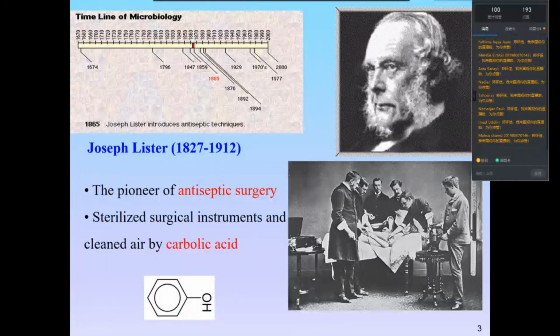After Lister, with the rising of microbiology, people noticed that a lot of diseases are due to infection or due to growth of pathogenic bacteria. And a lot of techniques were developed to either kill or inhibit the growth of bacteria. So that's the techniques about sterilization and disinfection.